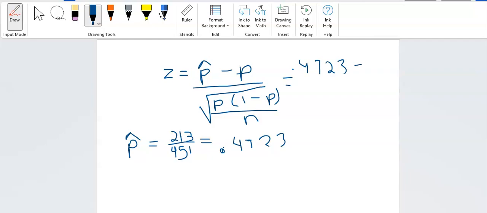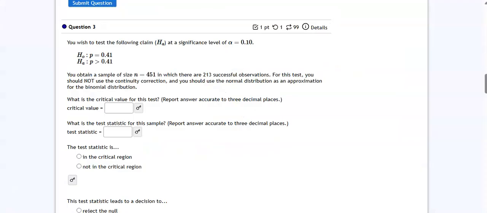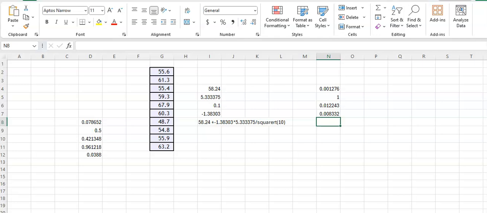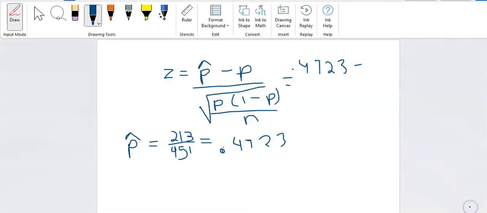I'm going to take that to about 4 decimal places, so 0.4723.